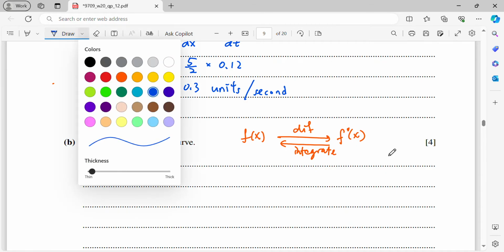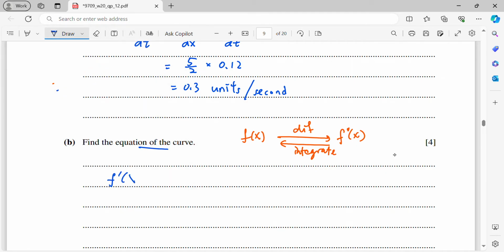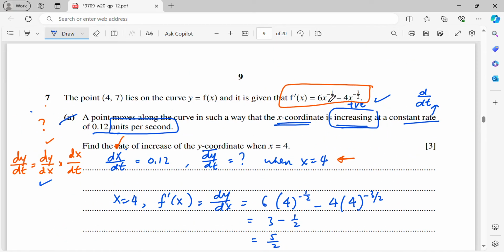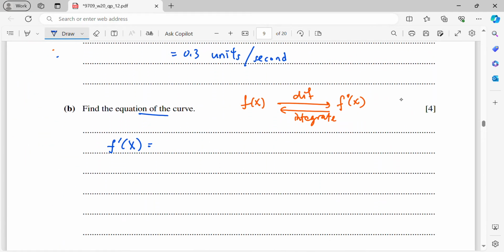Okay, so now I will rewrite my f prime x. f prime x is given as 6x to the power negative half minus 4x to the power negative 3 over 2.